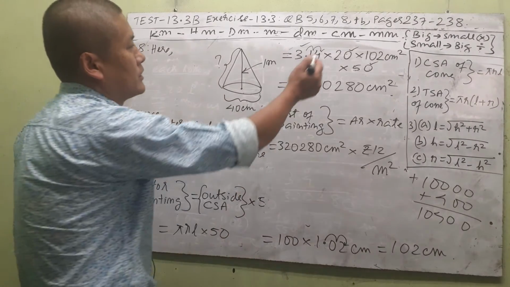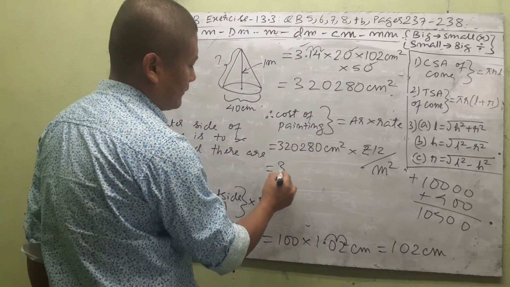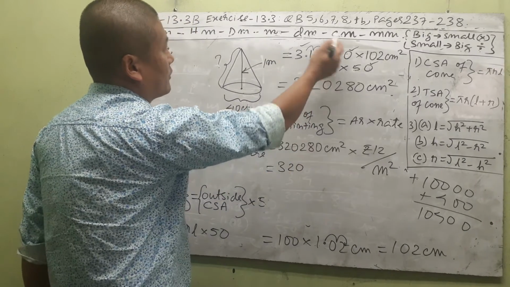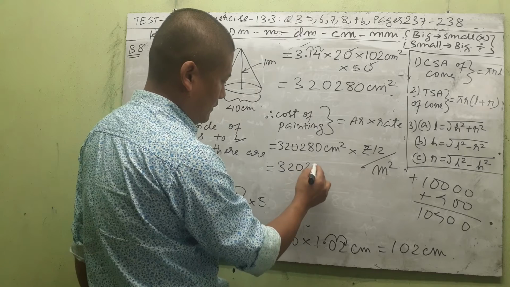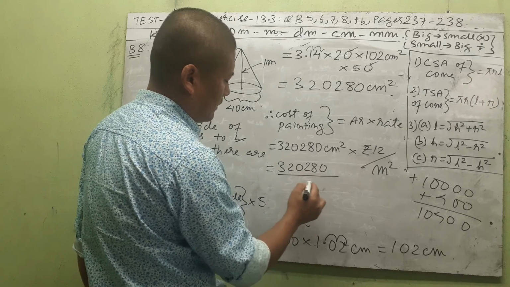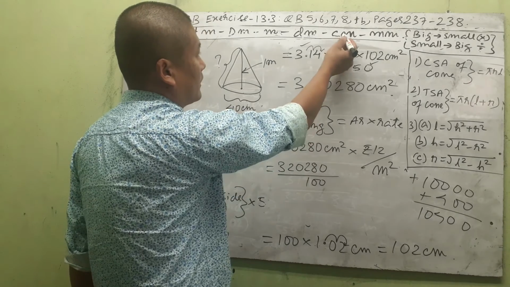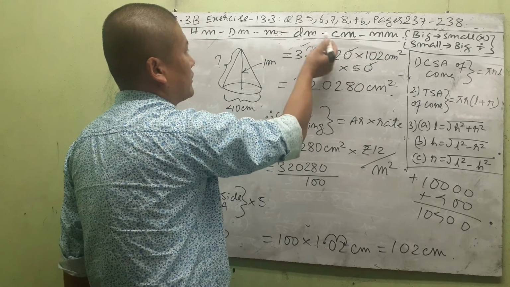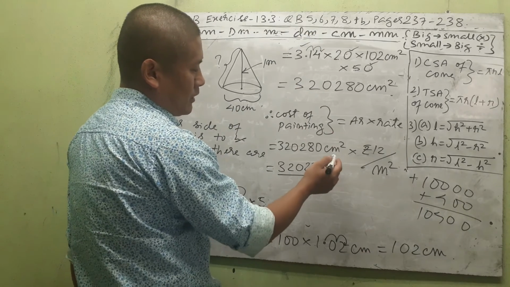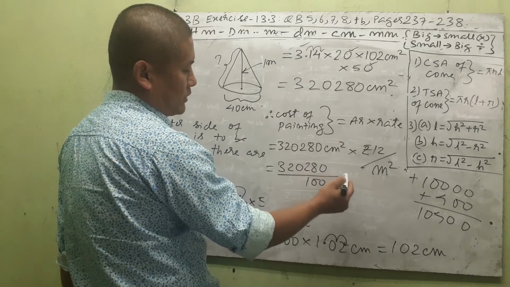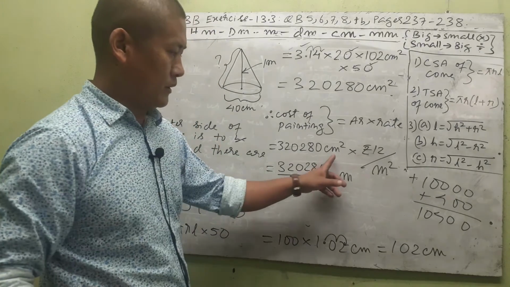To do that, you're changing small to big, so you will divide this number, because changing small to big means divide. So 320280 divided by 100, because to change from centimeter to meter, 1 2, means 100. But you are not changing centimeter to meter here.